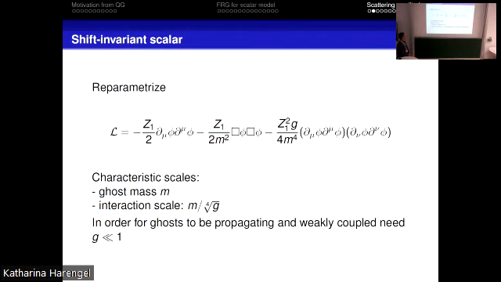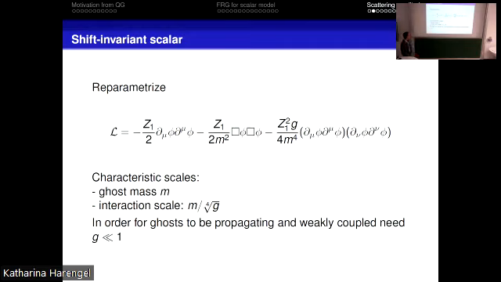And then the interaction has another characteristic scale. You see, here you have 4 derivatives. So if you go to momentum space, you have something like momentum to the power 4 multiplied by g divided by m to the 4.